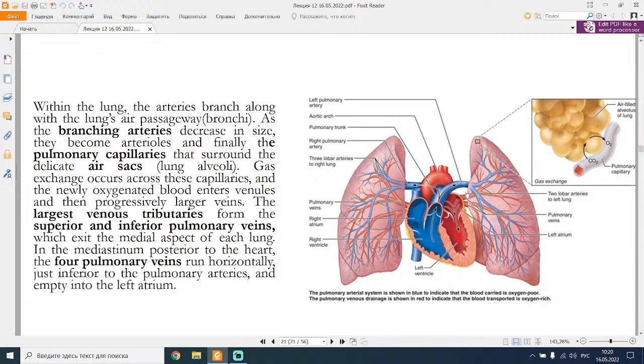The four pulmonary veins run horizontally just inferior to the pulmonary arteries and empty into the left atrium. These are the four pulmonary veins. This is the left atrium. This is the pulmonary vein.